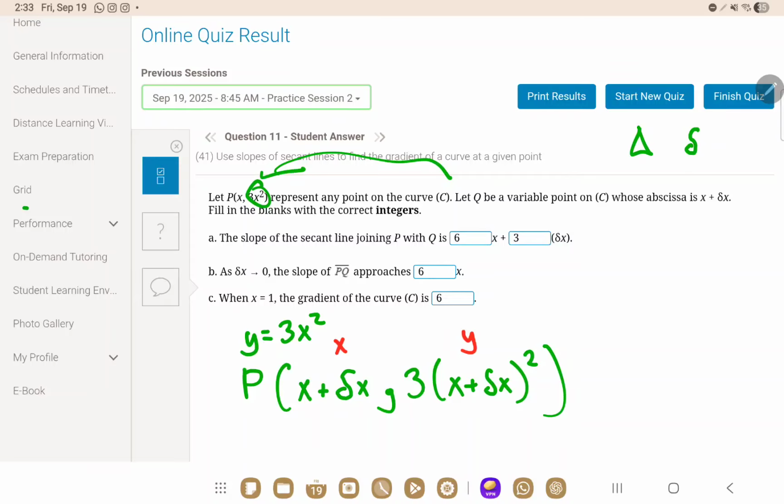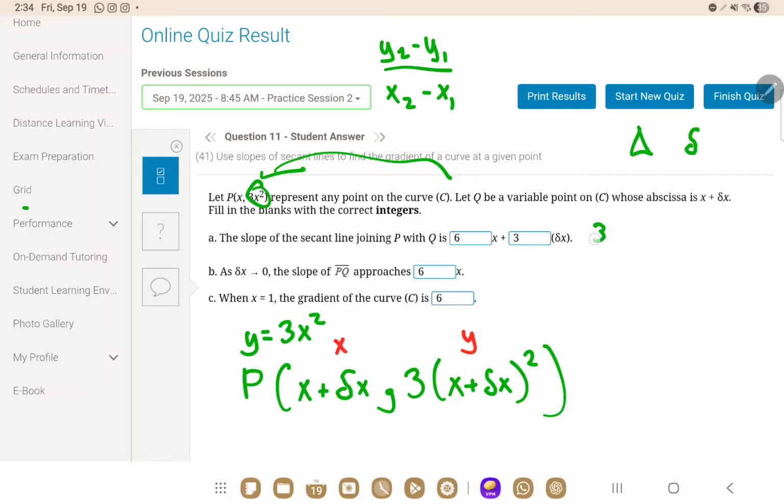Now, to find the slope of the secant line joining P and Q, we need y2 minus y1 over x2 minus x1. So let's do it: yQ minus yP over xQ minus xP.